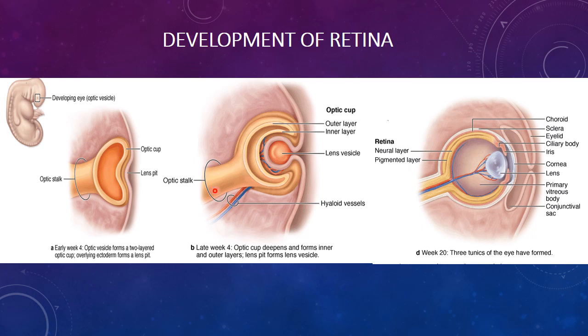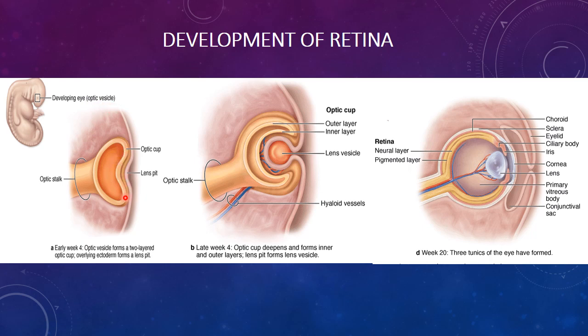To understand the histological features of the retina, you should have a brief knowledge of its development. Embryologically, the retina develops from the forebrain as an optic vesicle.